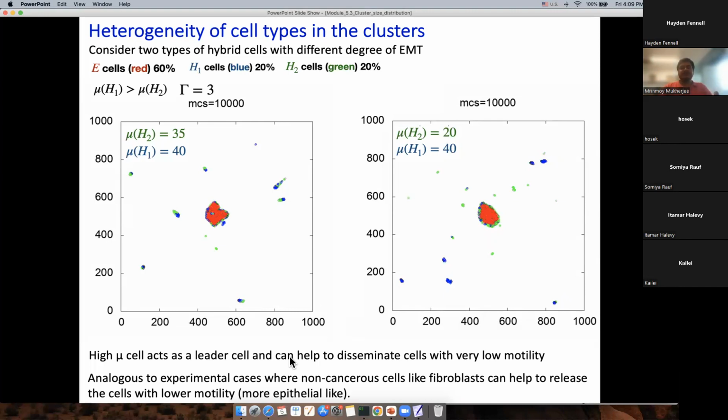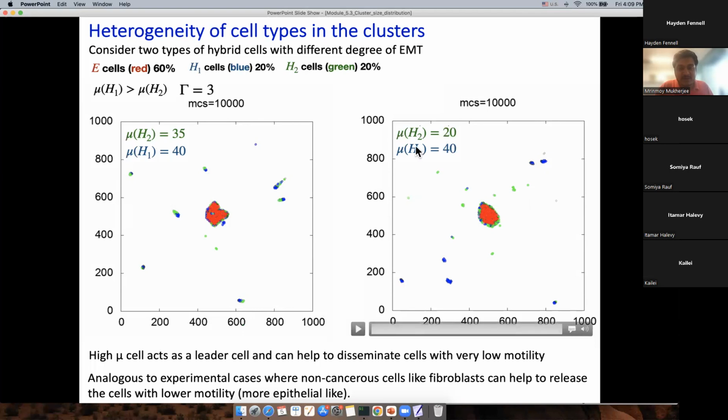So if you see the final condition here, when the delta mu was small, you see these clusters of two different kinds of cells. But here, in most of the cases, you will see homogeneous clusters, either blue cluster or green cluster. Here, these are heterogeneous. Here, these are separated.